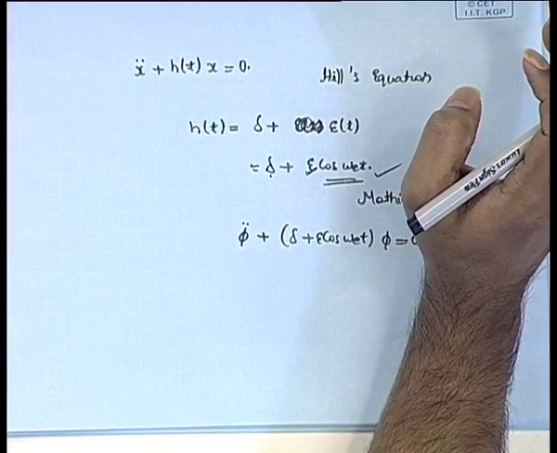So the solutions of phi which are bounded, we call stable solutions. Solutions of phi which are unbounded, which increase very rapidly, we call unbounded solutions. The bound and unbound solutions represent the stable and the unstable regime, and that is what phi depends on.